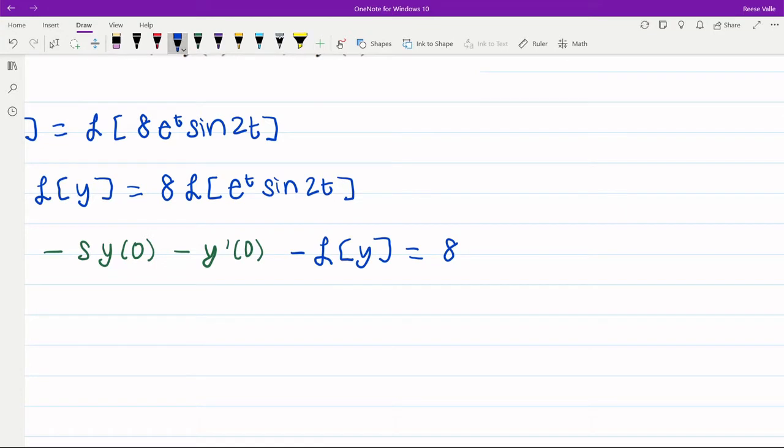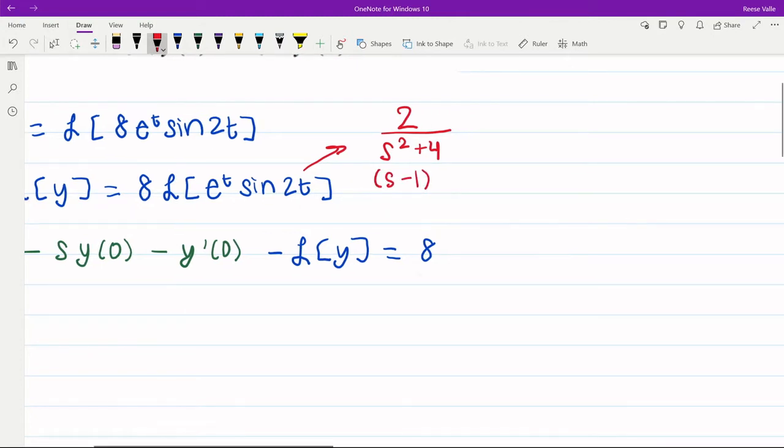So here, we know that this one is also from 10.5, and you can just think of it as 2 over s squared plus 4, if you think about the regular Laplace transformations. But with the e to the t, all it does is affect the s, so it's just s minus 1, because the exponent is just t.